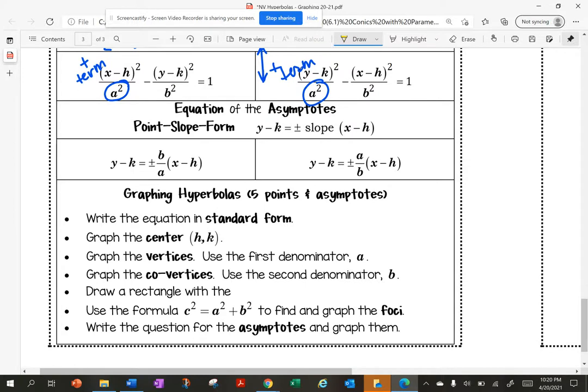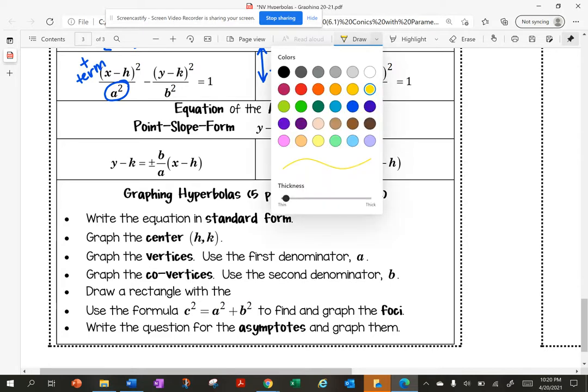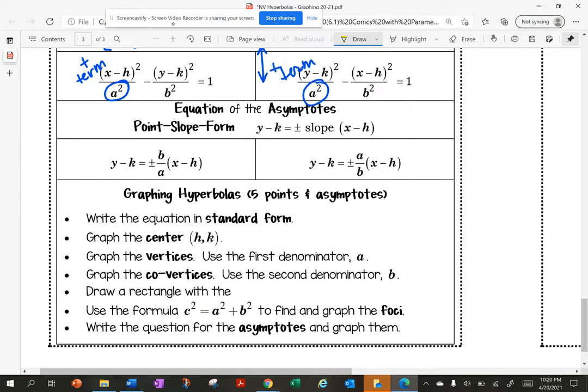Okay, so I am using like point slope form because I am finding the equation of those lines. So point slope form is y minus y1 equals slope times x minus x1. And x and y is the center of my hyperbola.